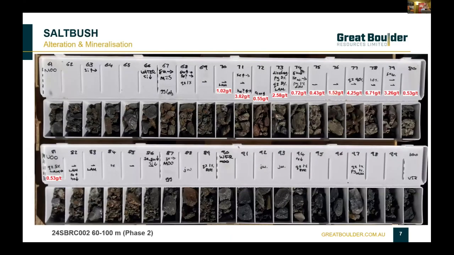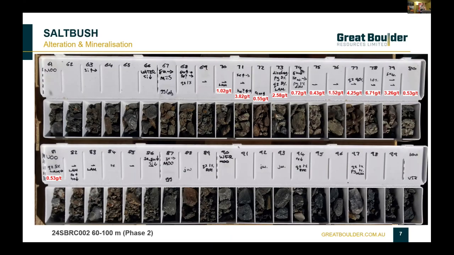So just to show you what the chips look like, this is an image from one of the chip trays that graded quite nicely, 24SVRC002. So just to walk through it, above 60 meters, it was that komatiitic unit and some sheared ultramafics. And then we hit the mafic unit, around 63 meters, and a little bit of silica alteration came in.